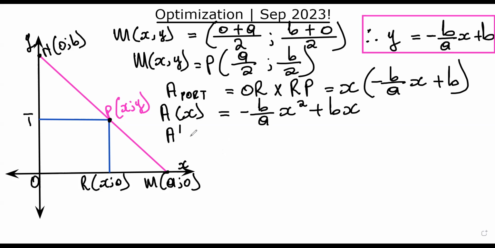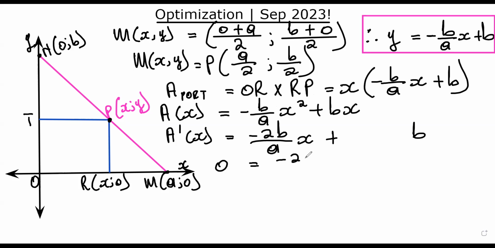Then next, we need to differentiate our area function. So when we do, we get negative 2b over a x, and then we say plus b. Not sure what's the matter here, but we have to add b. And afterwards, we equate our derivative to 0.